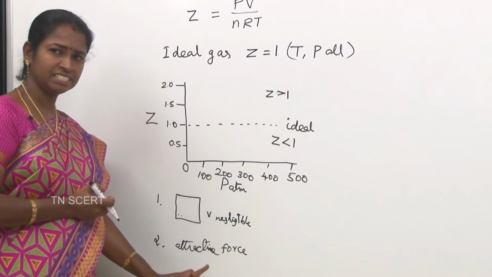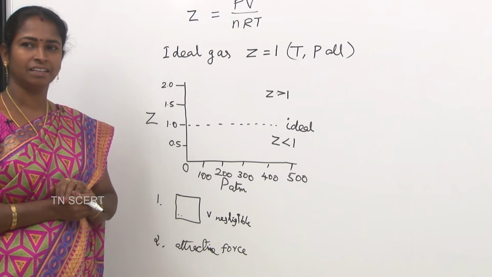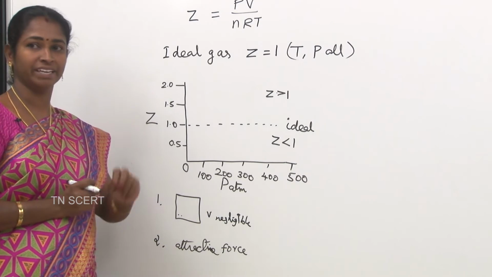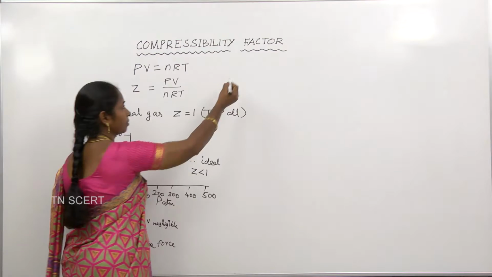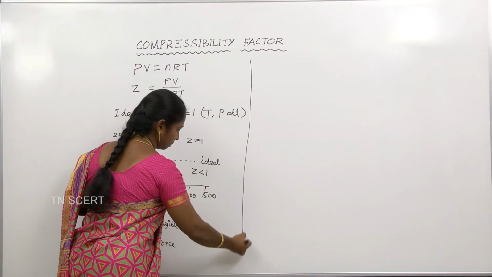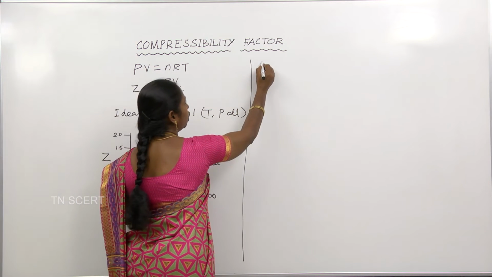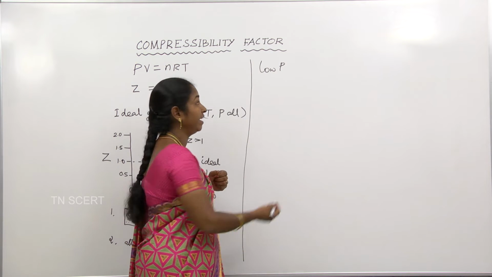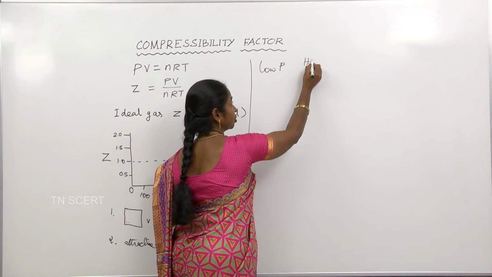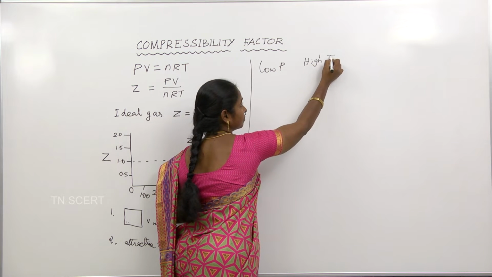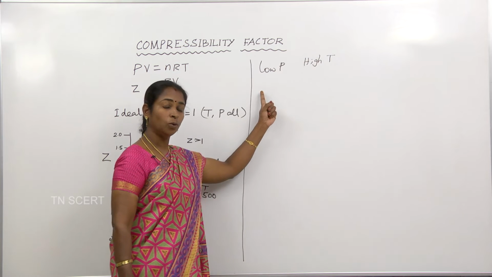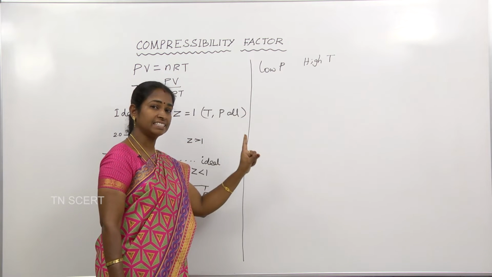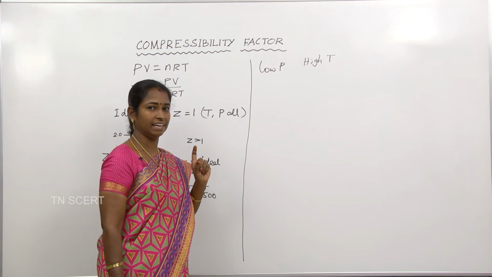These two conditions can be achieved by a gas under what conditions? At low pressure and at high temperature. Under low pressure and under high temperature, a gas can behave as an ideal gas.